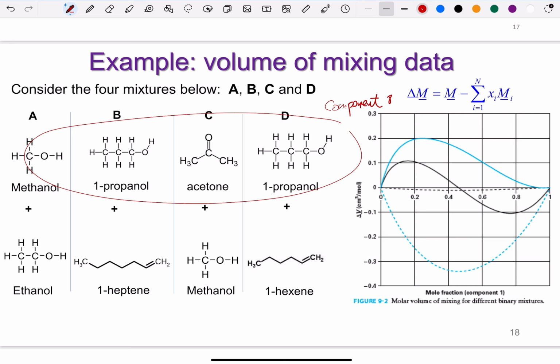Will it be mixture A? Mixture A, why is that? They look very similar in their bonding types, and they're quite similar in size too. Yes. So you have both almost the same size, same shape. Both can create hydrogen bonds, so they are very similar to each other. There's not much difference in them, right? So this corresponds to mixture A.